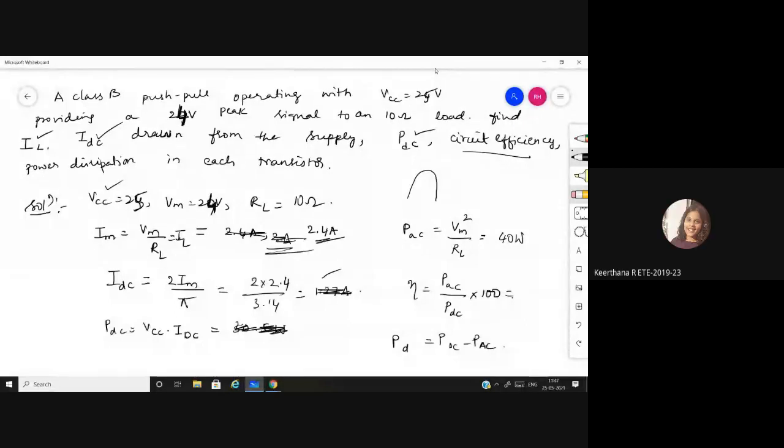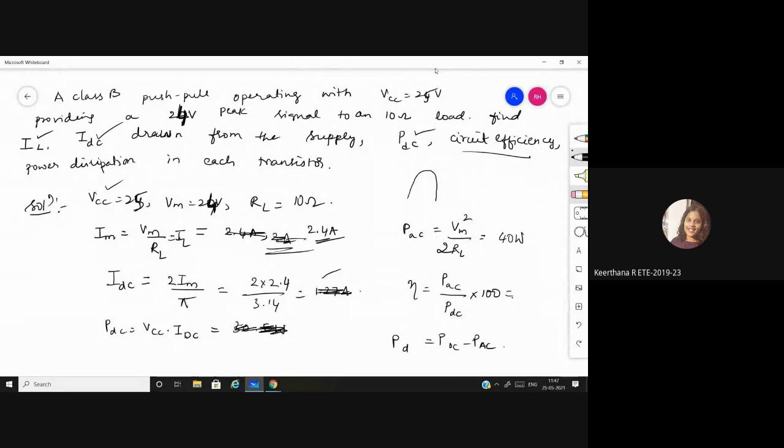Sir, I have a doubt. Yeah, tell me. PAC will be VRMS into IRMS now, sir. So we'll get it as Vm square by 2RL. Yes, sorry, here I left out 2. It is Vm by root 2.